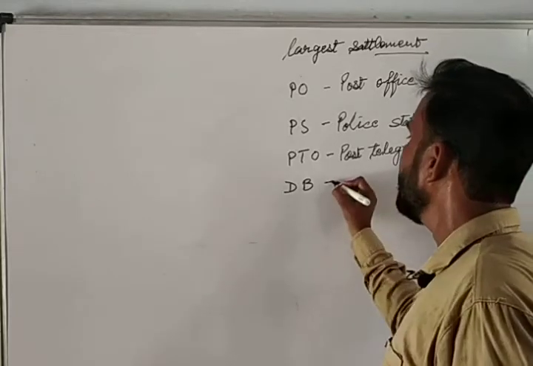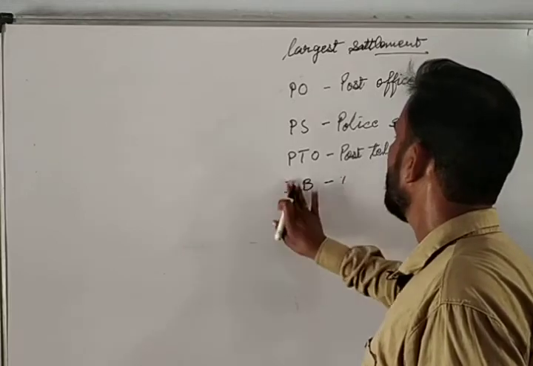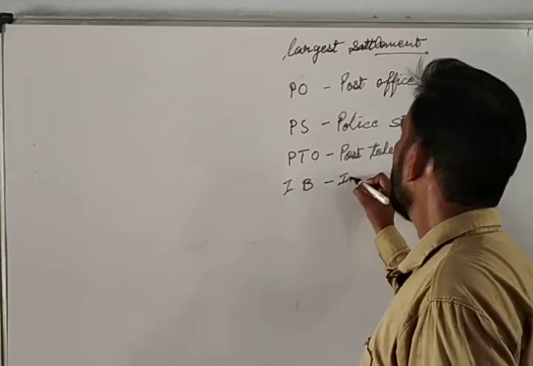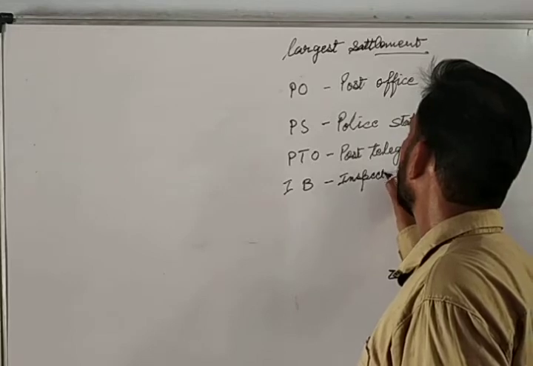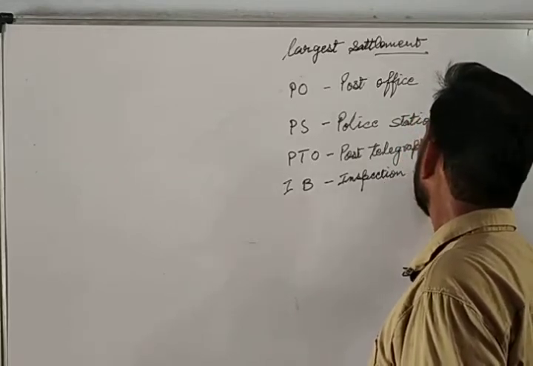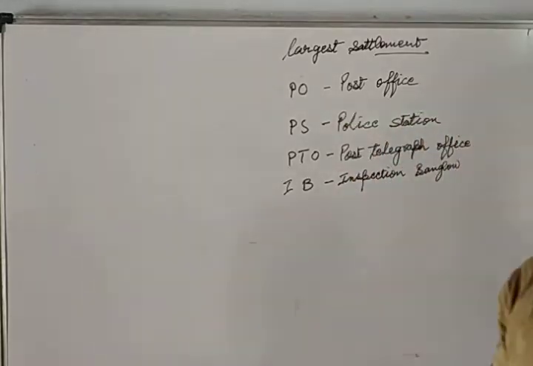And IB means inspection bungalow. These things you will get.